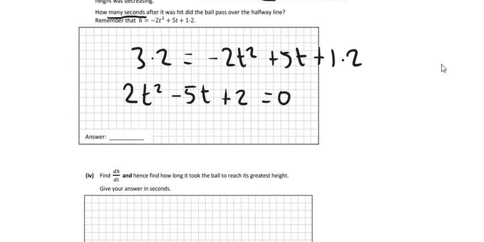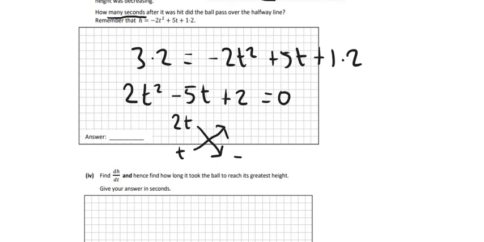And now we can solve it. You could use the minus b formula here if you want. There's different ways of doing this, and there's different ways of factorizing as well. That is the way I do it. But you're looking for two solutions here, so you want two numbers that multiply to give you 2, and then two numbers that will add to give you minus 5, but where one of them is being multiplied by 2 first.